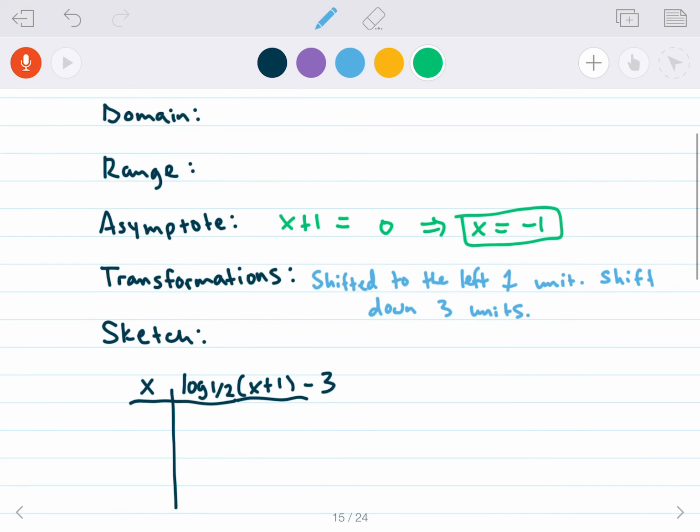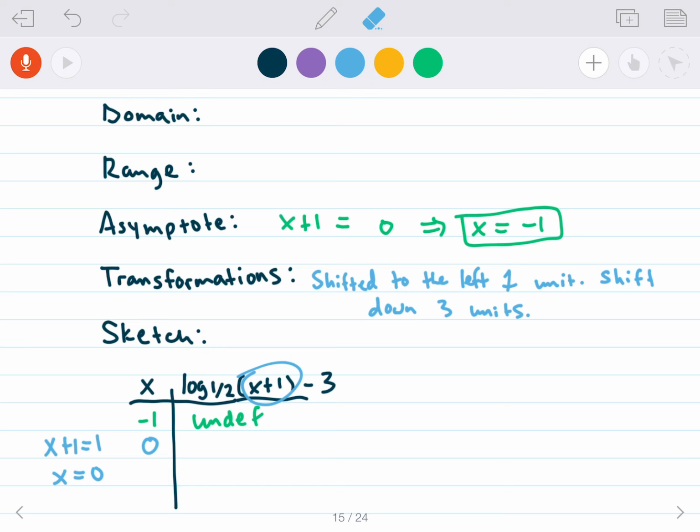When x is equal to -1, this thing is undefined because the argument is going to equal 0. The second nice point is when the argument equals 1. If we subtract 1 from both sides, x had better be 0, right? So that's our nice point here.